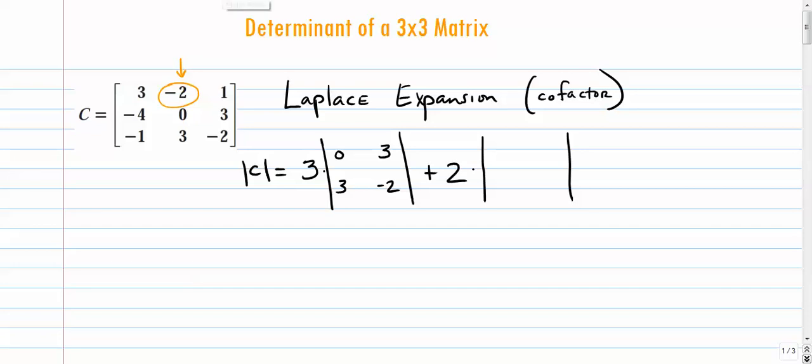So it's basically the matrix, again, that is formed when you block out everything else. So first row gets blocked out, second column gets blocked out. And that leaves you with everything else, which is right here and right here. So it's -4, -4, and then we skip over to +3, -1, -2.